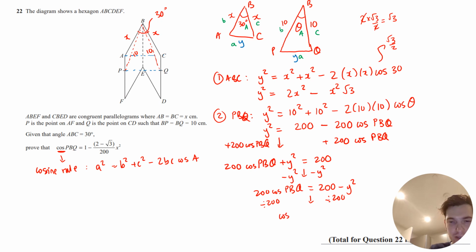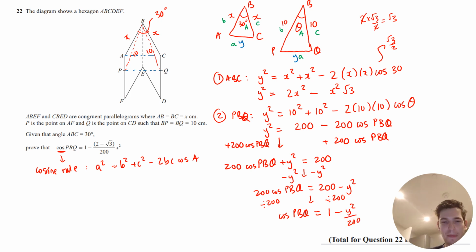So cos PBQ, well, 200 divided by 200 is 1, minus y squared over 200.